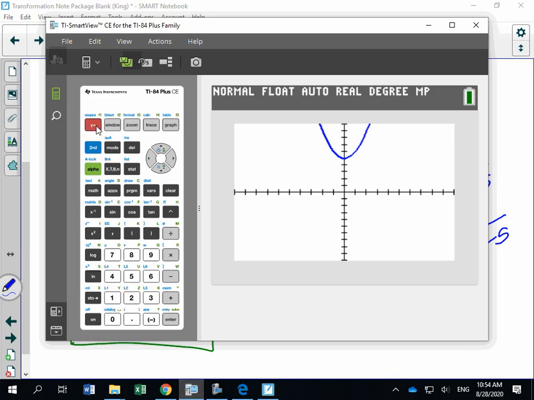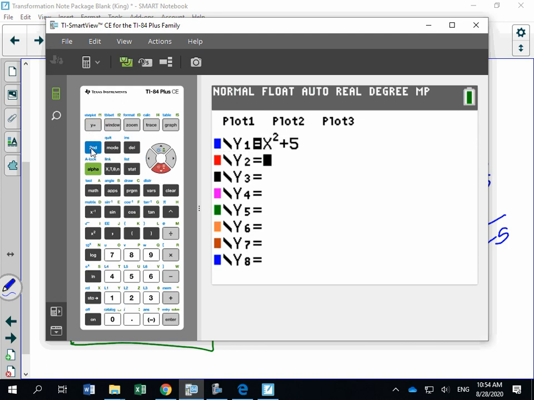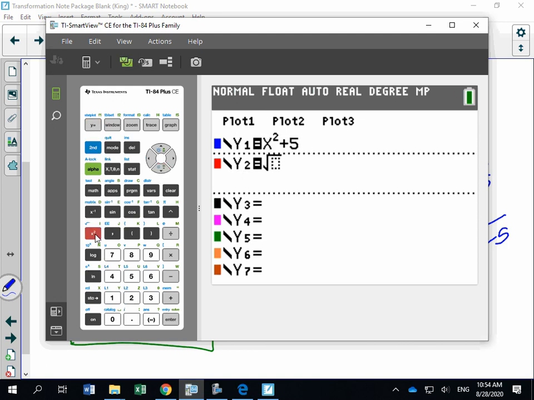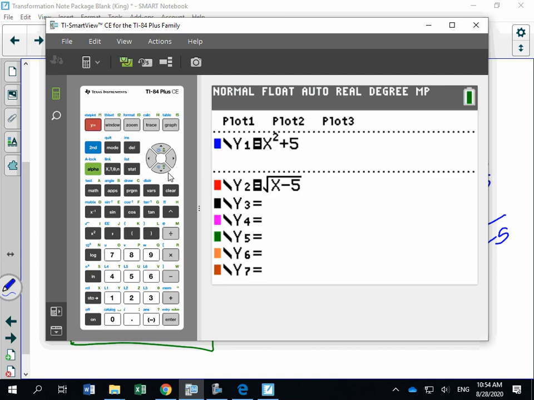So let's do that. y is equal to, let's do the square root of x minus 5. And I'll show you what that will look like, right? So that is going to be just half of my graph reflected. So now we got to do the other half.